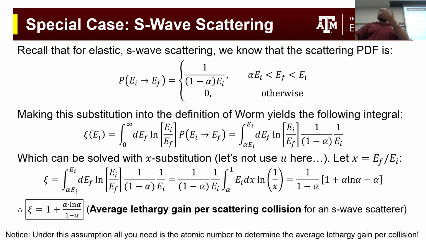So in this problem, I called it X substitution, where you substitute in X equals EF over EI, and that allows you to get an analytical form of this integral that is relatively easily solvable. And so this expression right here is a way that you can actually calculate the lethargy gain per scattering collision if the scattering events involve an S-wave or isotropic scatterer.